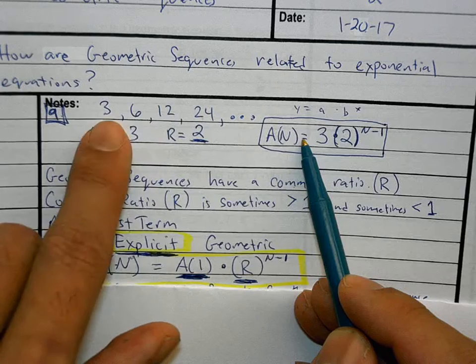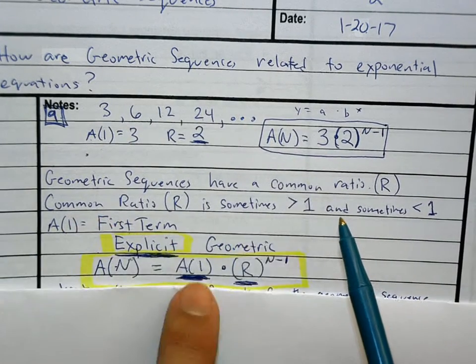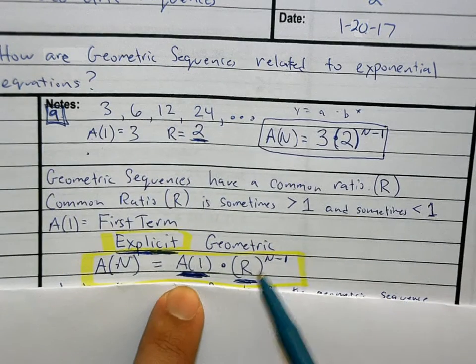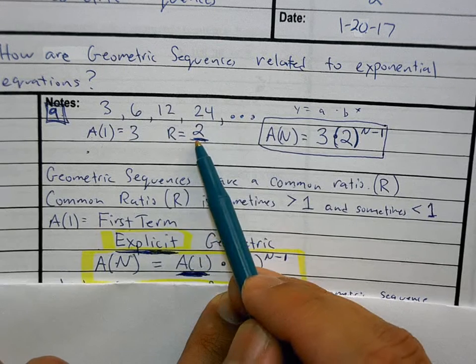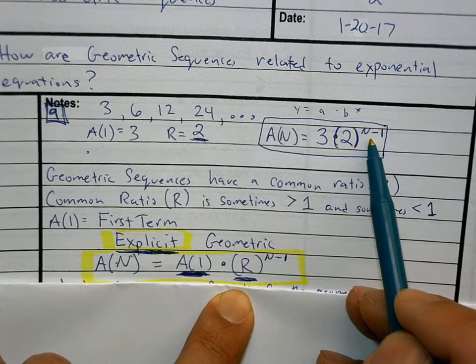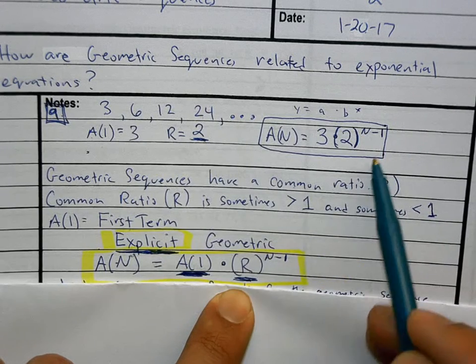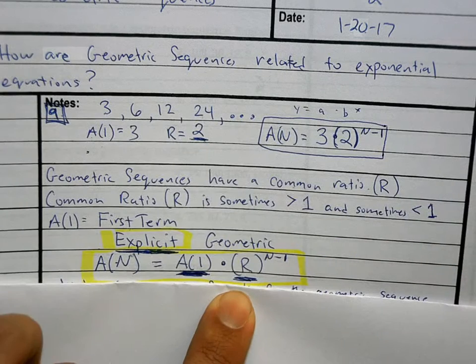The first term is 3. You only replace what's underlined. Then you see what's r. What are you multiplying by? You're multiplying by 2. You replace the r. And then you leave this n minus 1 alone. This formula I have boxed in here is the explicit formula for number 9.